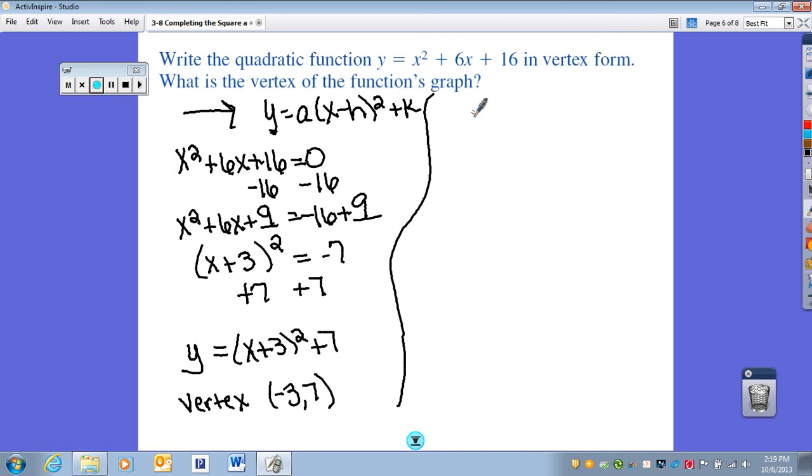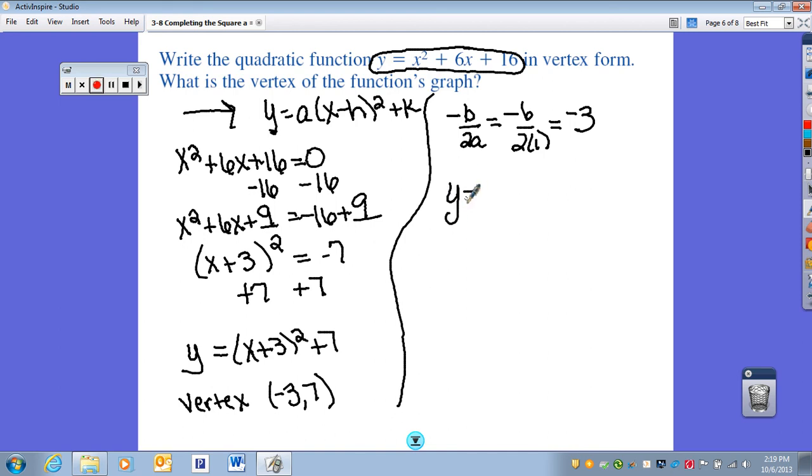There is the other way, which is to simply find the vertex of a standard form of an equation, which this is the standard form, by using the formula negative b over 2a. So when we do that, we take the negative 6 and we divide that by 2 times 1, which is 2, and we get our x value of negative 3. Then we're going to substitute the negative 3 into the equation to find y.